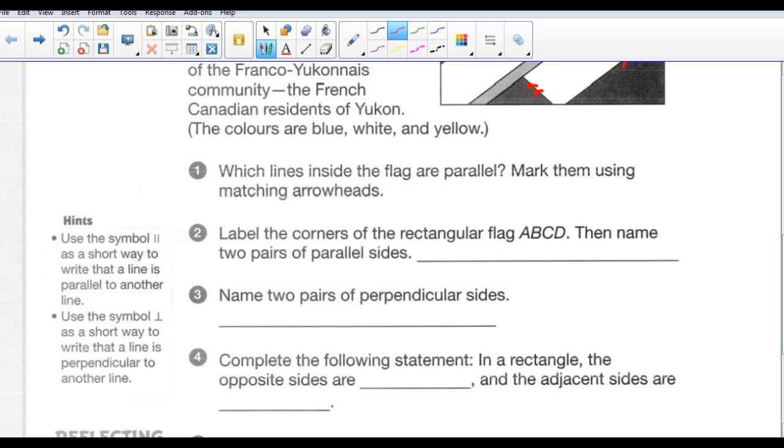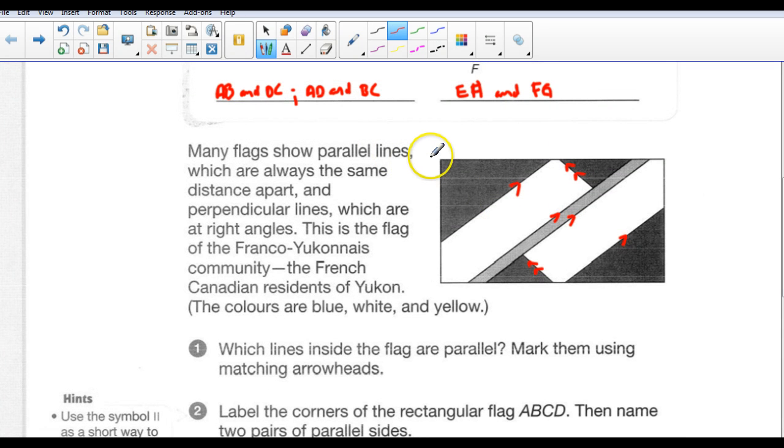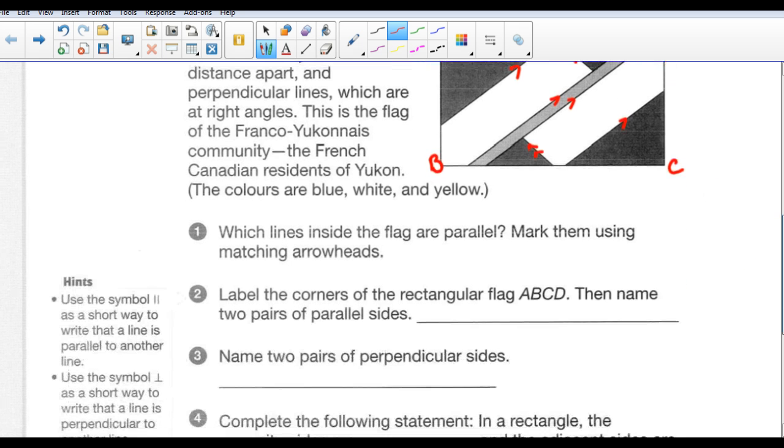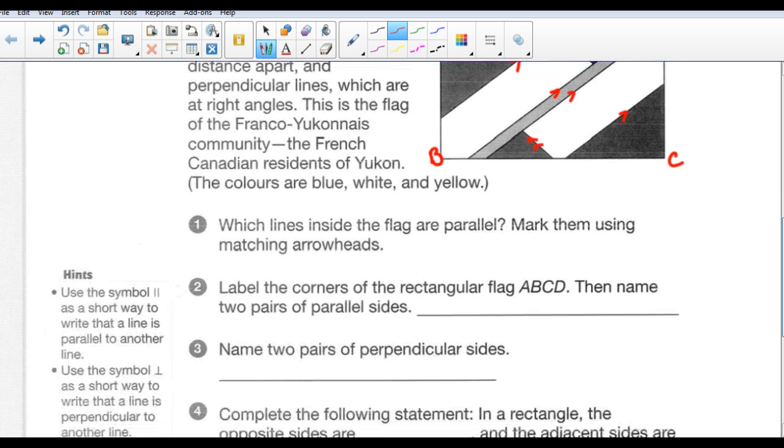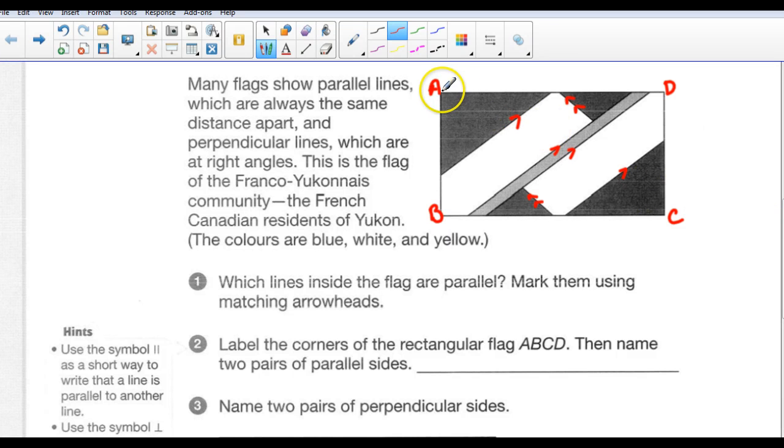Number 2, label the corners of the rectangular flag ABCD, then name the two pairs of parallel lines. So we'll label this vertex A, vertex B, vertex C, and D. And it says name the two pairs of parallel sides. Well, we know that this is parallel to this, and this line segment is parallel to this one down here.